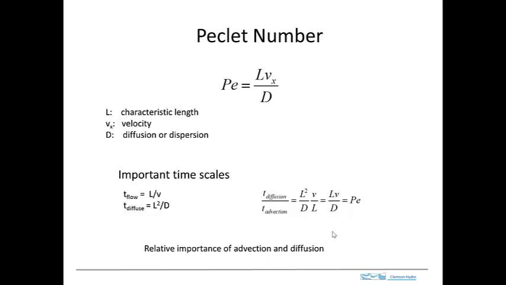And so it could be that for problems where the Peclet number is large, the rate limiting step is from diffusion. And where it's small, it could be that the thing that limits the overall rate is the advection. So it really depends on how the processes are arranged as to how you interpret the Peclet number.